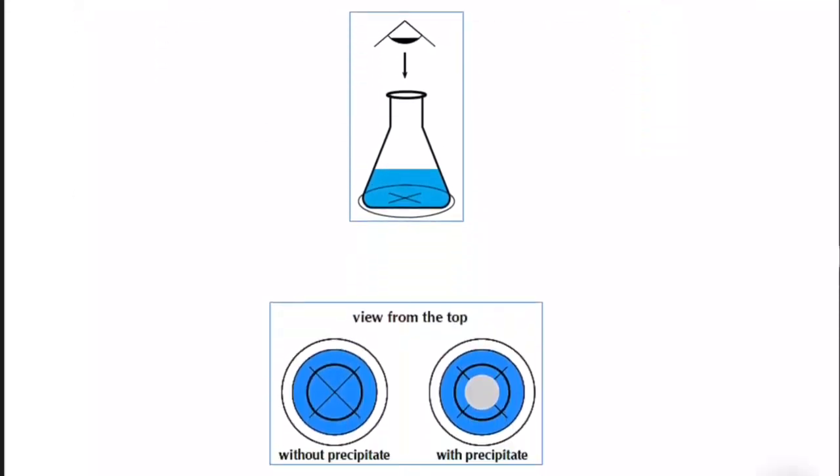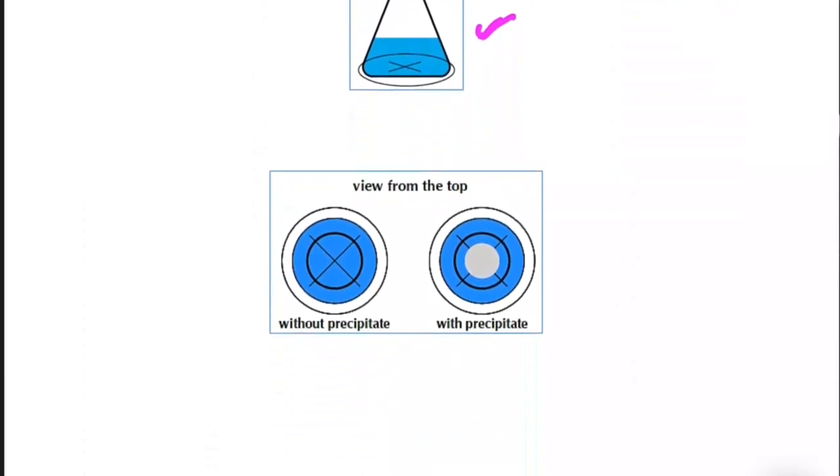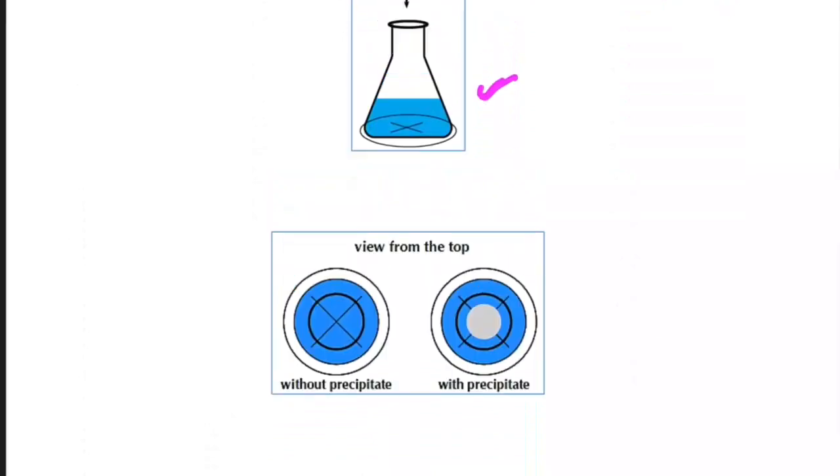So we have the reaction vessel on top of a paper that has an X on it. There's a marking there on top of the paper. From the top, looking down at the reactants, you can see the X clearly at the bottom of the reaction vessel. But then as the reaction proceeds and this sulfur precipitate is formed, it will cover the marking at the bottom of the vessel.